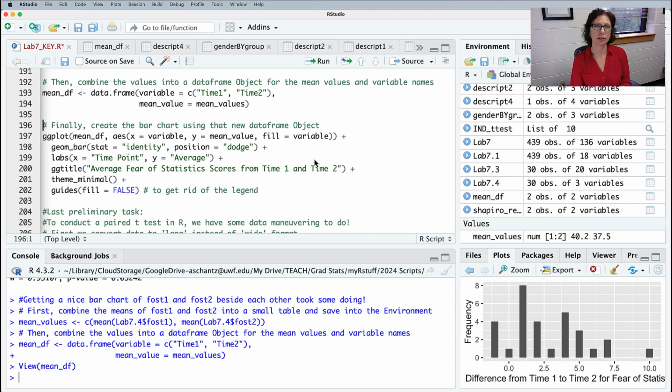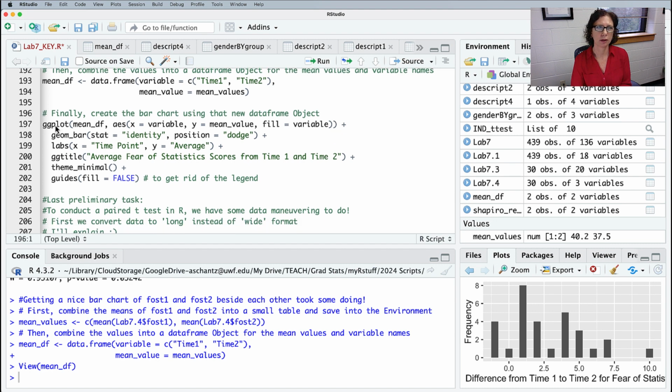Now I'm ready to do that bar chart. And I'm going to use that data frame object I just built. Give me a ggplot using the mean data frame that we just made. The aesthetics are x is variable and y is mean value.